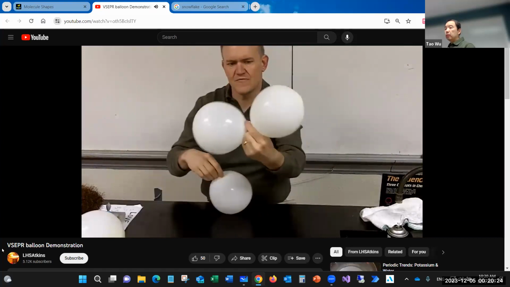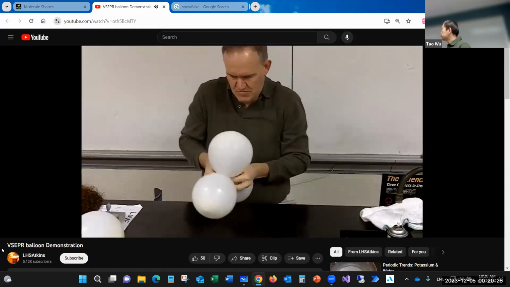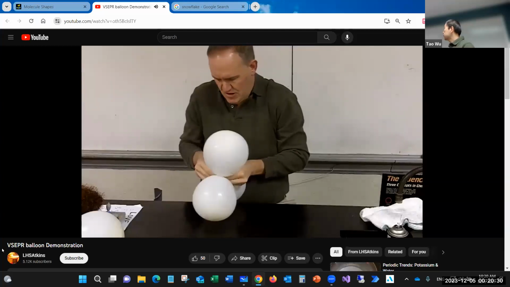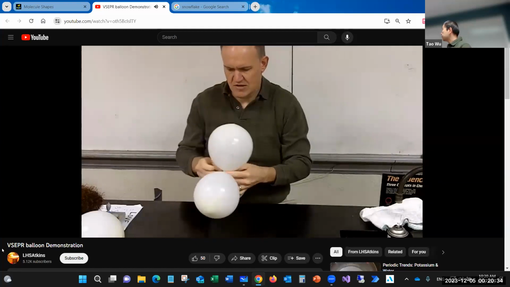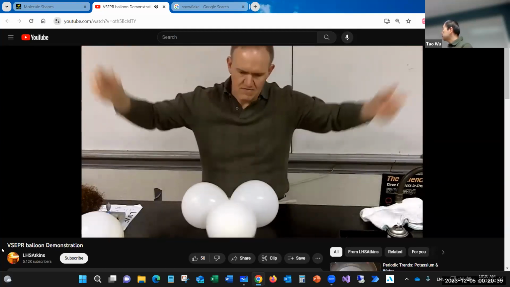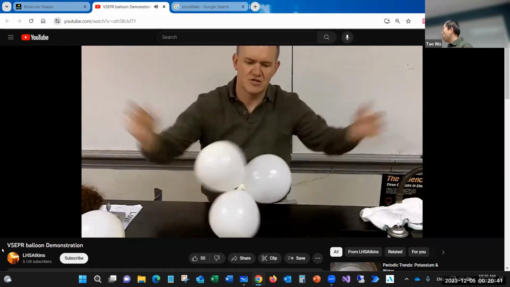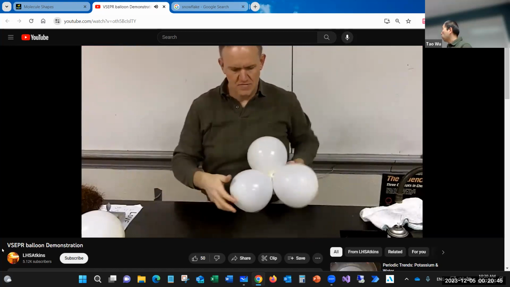However, if we take 3 pairs, 3 balloons, and tie them together, you can see that this is the arrangement that we get. I'm not forcing them into that; that's just the natural lowest energy state that they can go into.